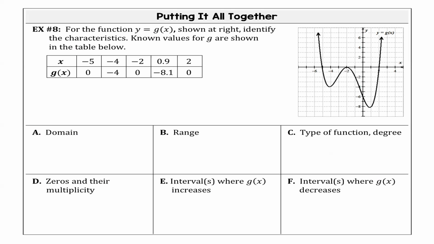You're going to have to identify the domain, the range, the type of function it is, meaning is it a positive or negative, odd or even degree function. Okay, there's zeros and their multiplicities. Keyword here, multiplicities, bringing back that word.